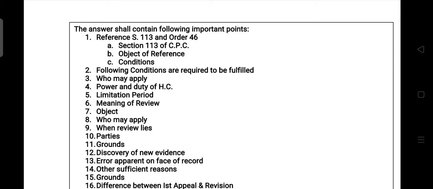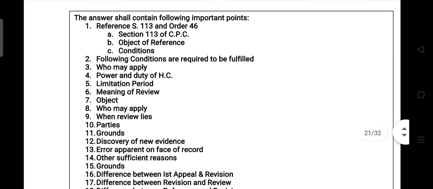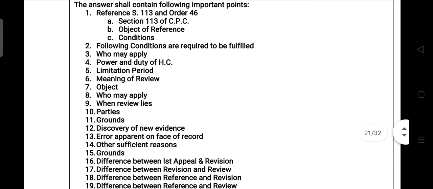Section 113 of the Civil Procedure Code talks about the reference, the object of reference, and what are the conditions for making a reference.